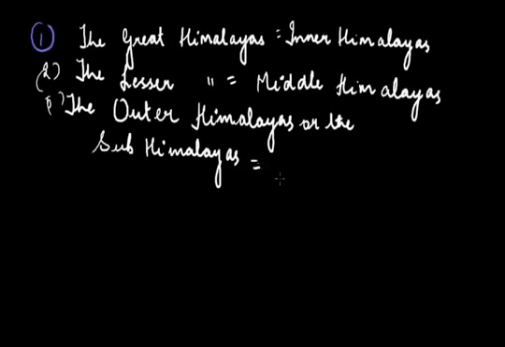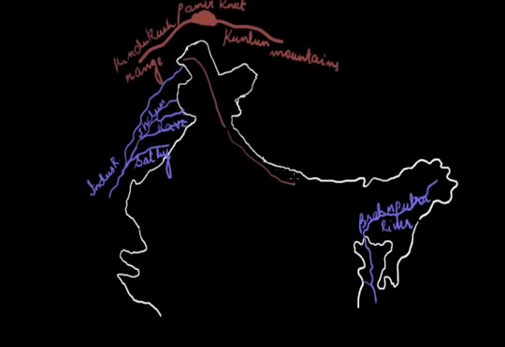These are also known as the Shivalik range. This is the position of the Great Himalayas. Let me first draw all the ranges and then we can have a closer look at the various mountain ranges or the parts of the Himalayas.